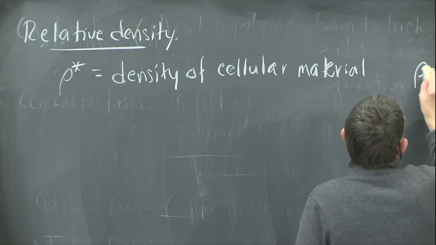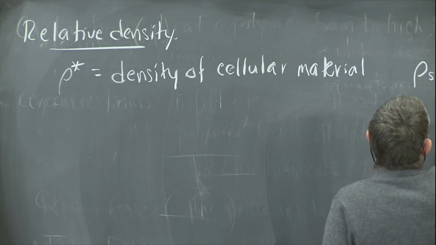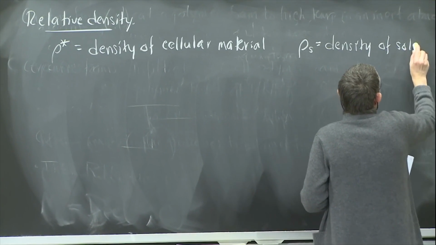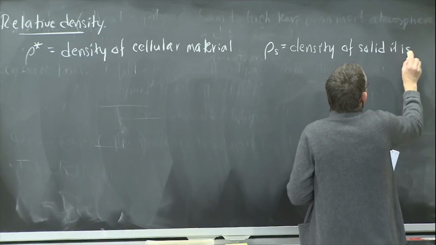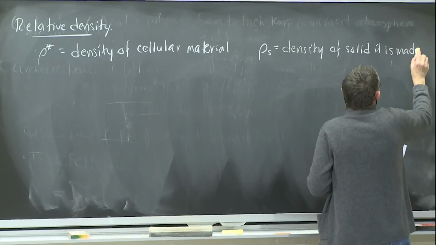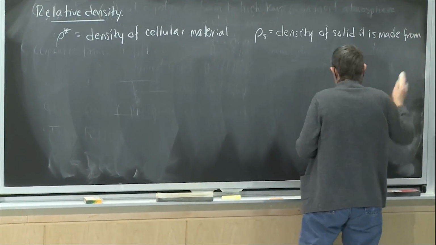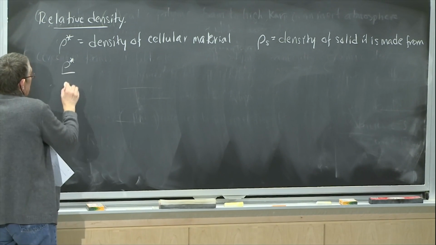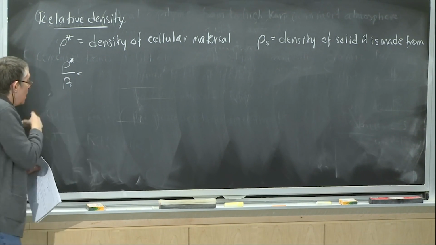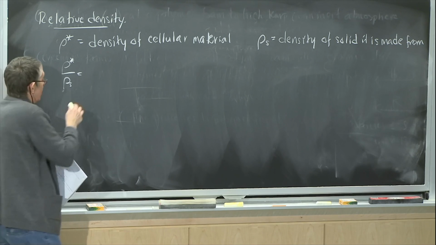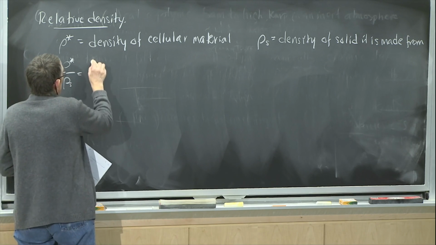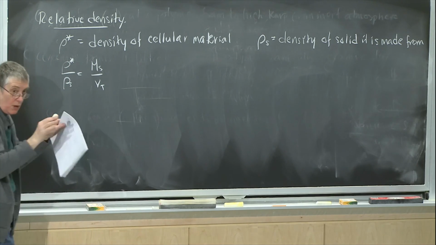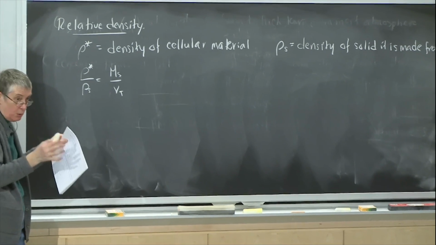And rho s is going to be the density of the solid it's made from. And so the relative density is just rho star over rho s. And I just wanted to show you how this is the volume fraction of solids. So rho star is going to be the mass of solid over the total volume. So imagine you've got a honeycomb or a foam, say a unit cube of it.